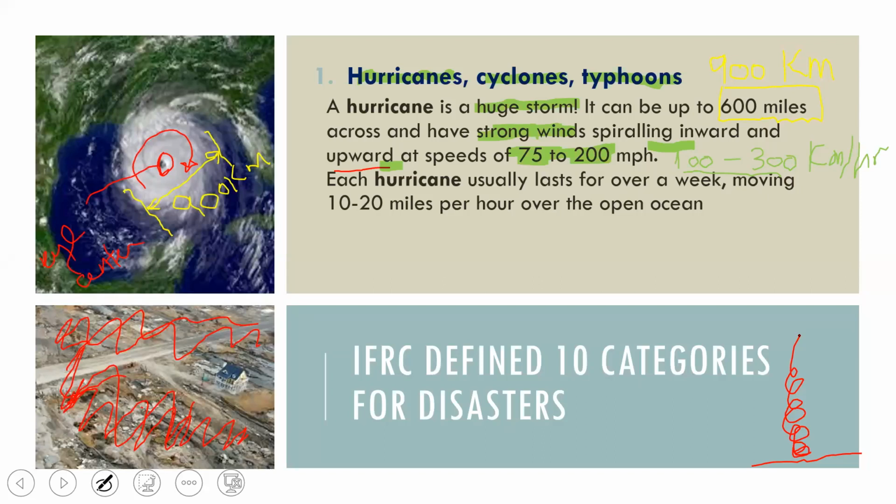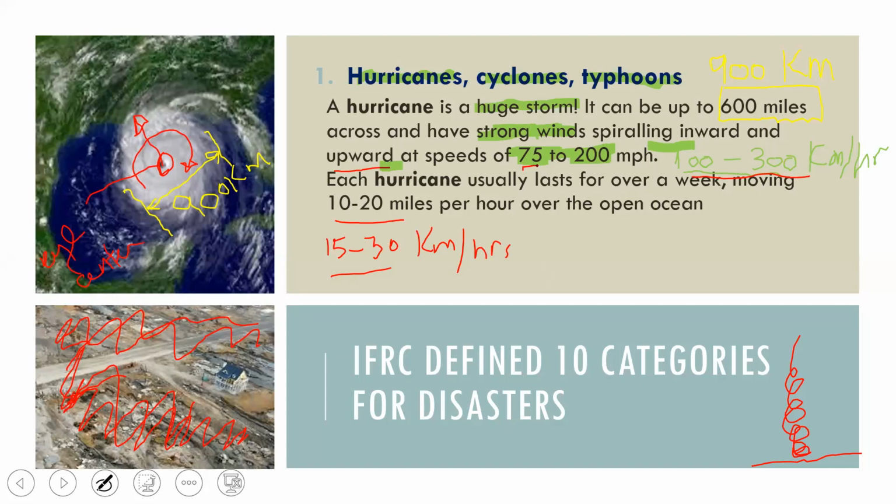And the third speed is moving forwards. This may be from 15 to 30 kilometers per hour. Of course, all these speeds are average speeds. They may be higher, they may be lower. But if it's lower than 100 kilometers per hour, which is 75 miles, this is called a storm.